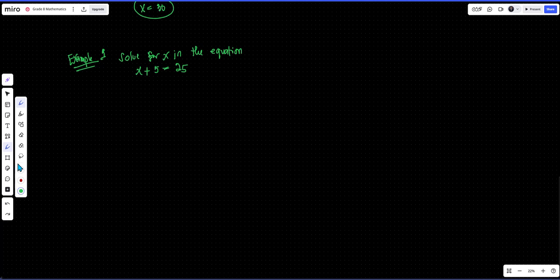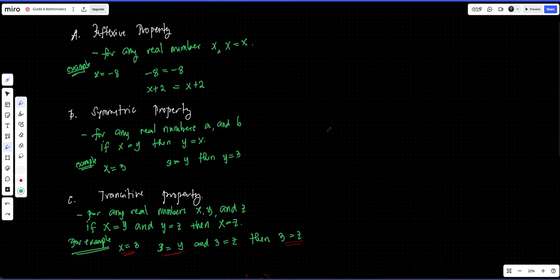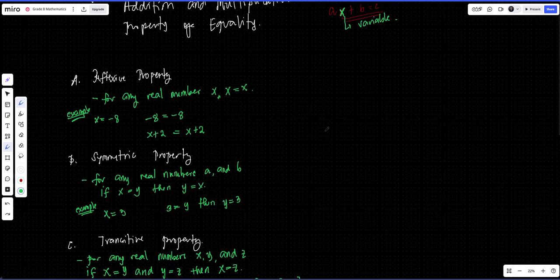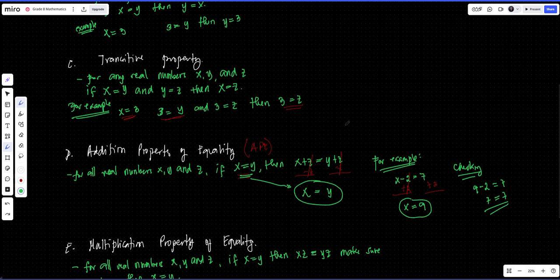So, in this part, if you remember our process, we can actually use the addition property of equality. Wherein, for all real numbers x, y, and z, if x is equal to y, then x plus z is equal to y plus z.